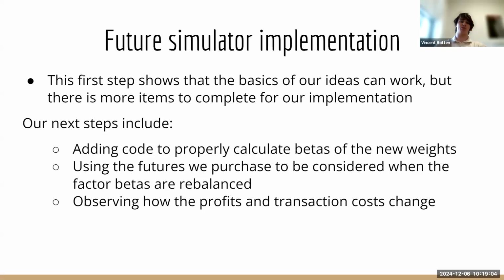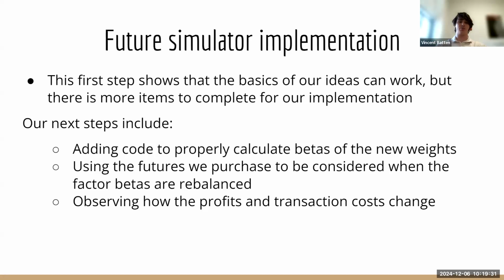Then we have to further implement what we have here and get it to be considered in the optimization function where we're rebalancing. So now our budget's being allocated between equities and contracts. So our decay has to be calculated to include that, so it's all properly optimized and we have everything considered. And then finally, once we have these steps done, we can start observing the profit or loss of this new future simulator logic.